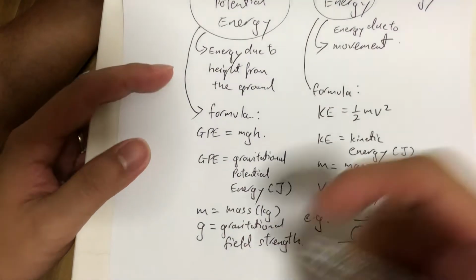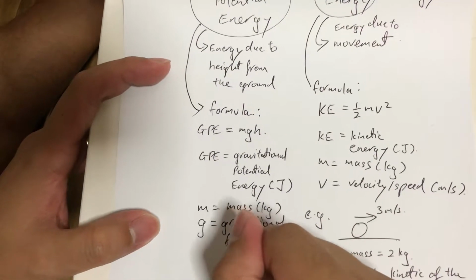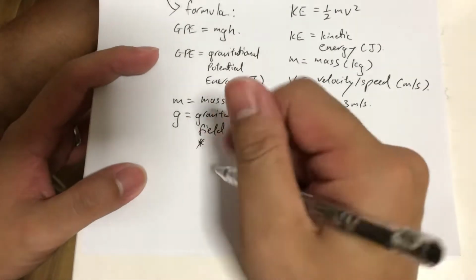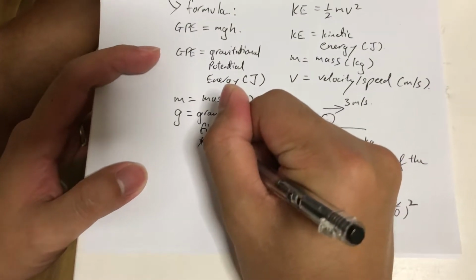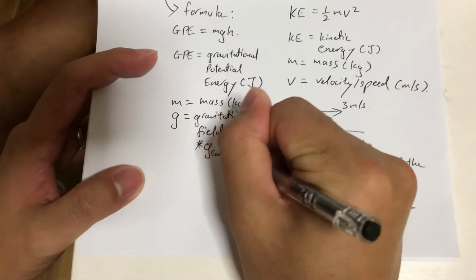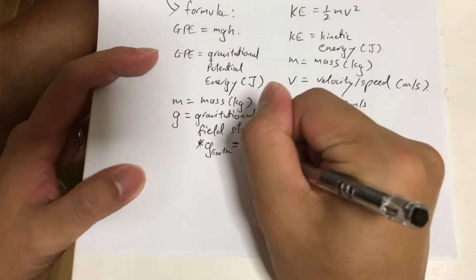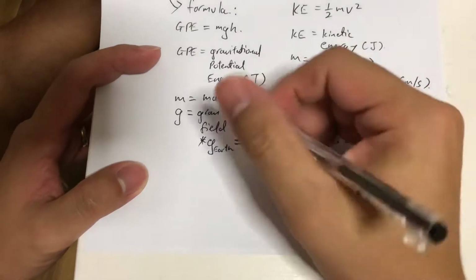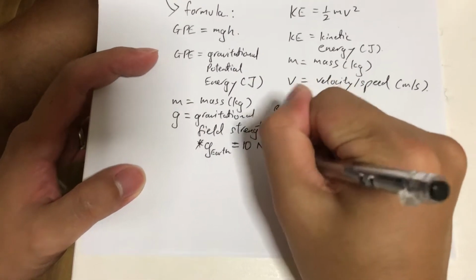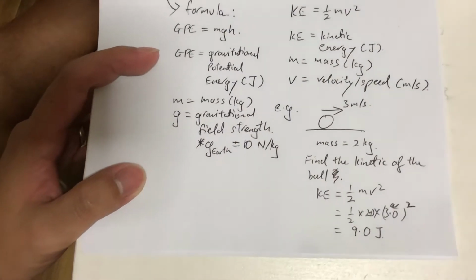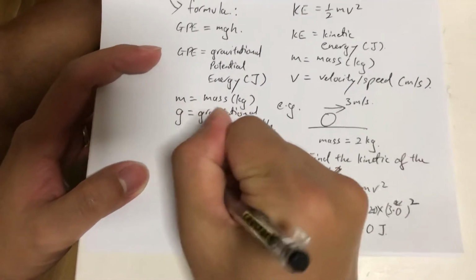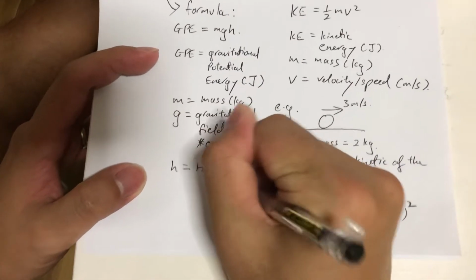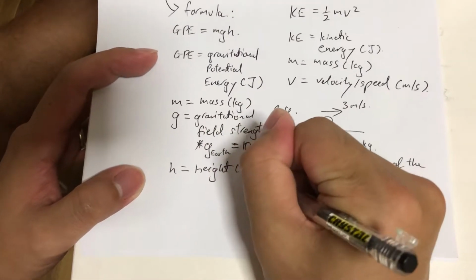On Earth, this one is very special, so I'm going to put a star here. On Earth, g is equal to our very special number, 10 newtons per kg. h is the height, and height is measured in meters.